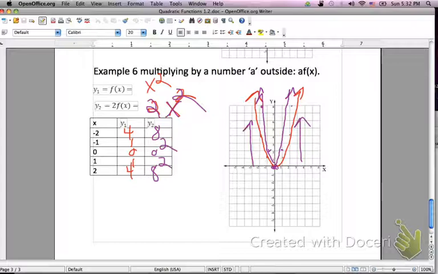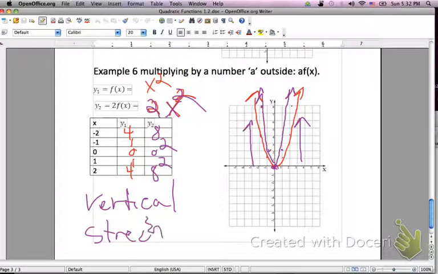So the function, or the parabola, was stretched vertically. So for example 6, we'll say a vertical stretch. And if it's x times a constant, I want you to call it a horizontal shrink or stretch.